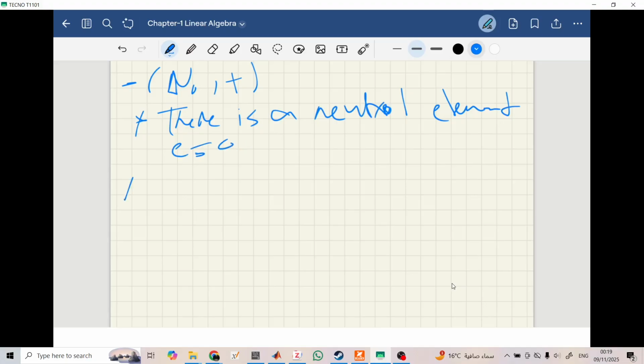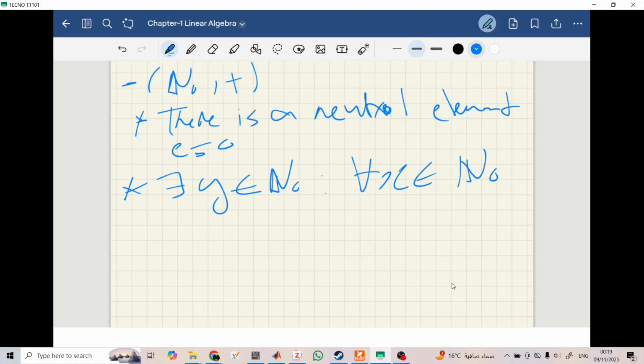Again, how about the inverse element? So there exists y in N node such that for all x in the same N node, y plus x equals x plus y equals 0.